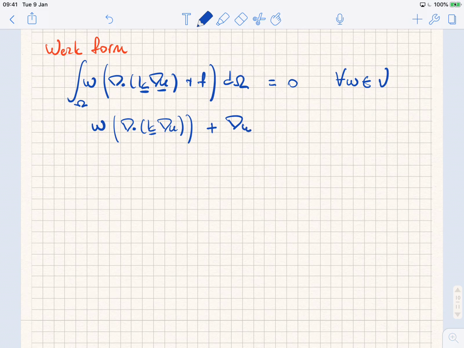So then this dotted with that other vector is going to be equal to applying the divergence to that whole thing, w, and then the divergence of k grad u.